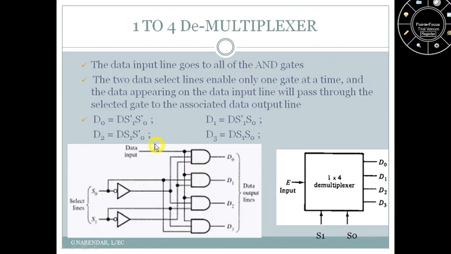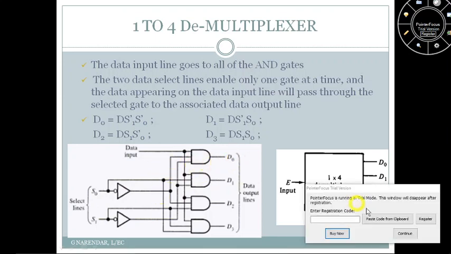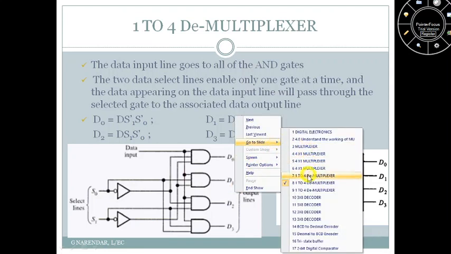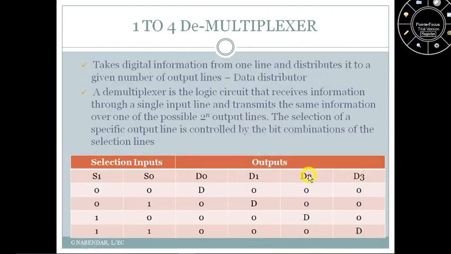And to draw this circuit, we can derive the algebraic equations for all these output lines from the truth table that we have discussed previously.